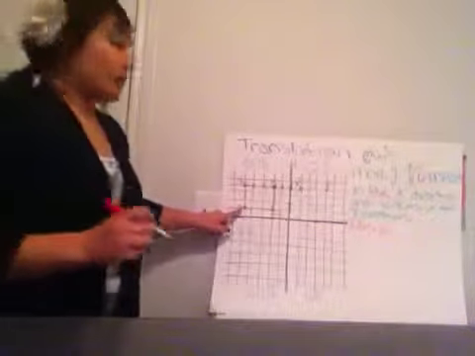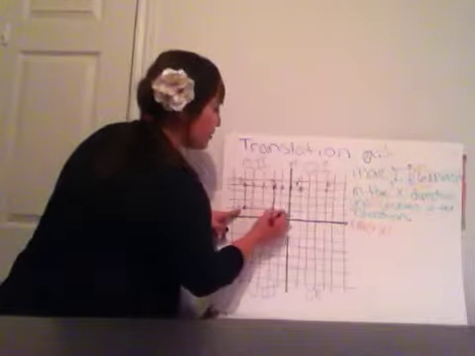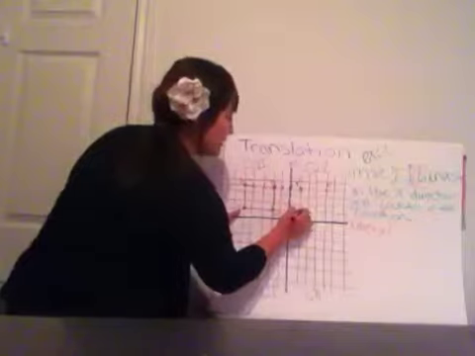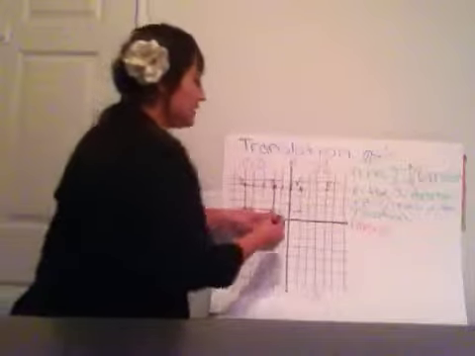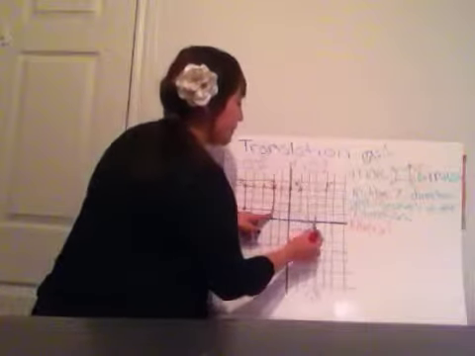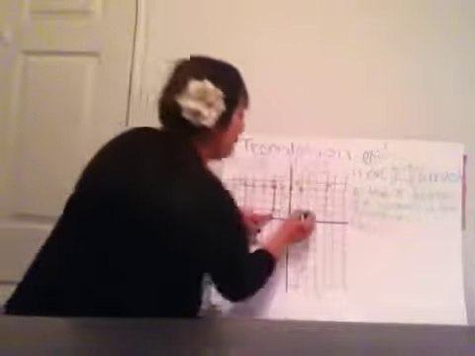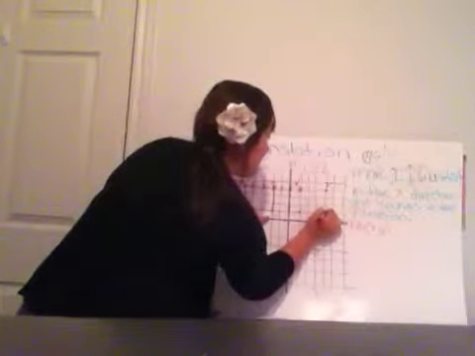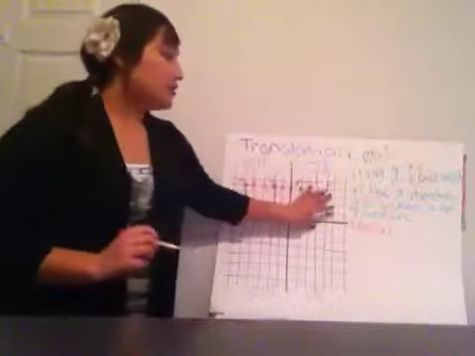Now we're going to move point C 6 units. 1, 2, 3, 4, 5, 6. This is C prime. And then D, 1, 2, 3, 4, 5, 6. That's D prime. So we moved this shape 6 units to the right.